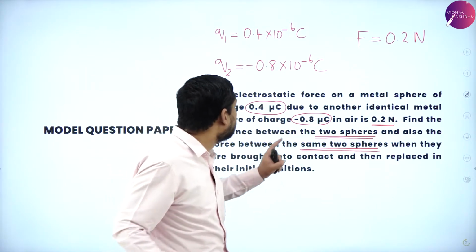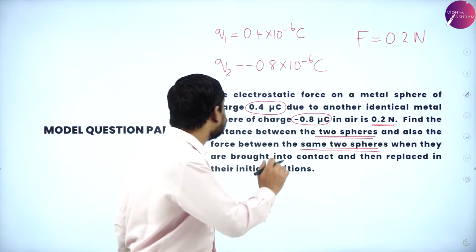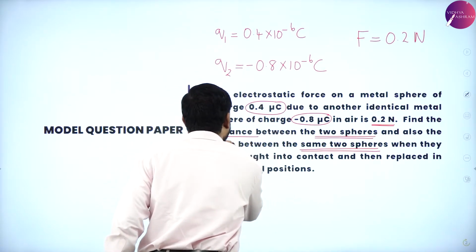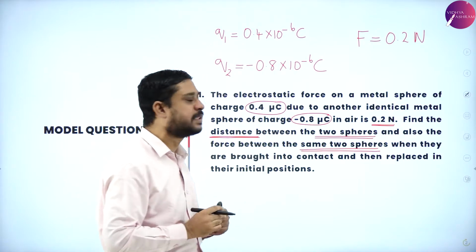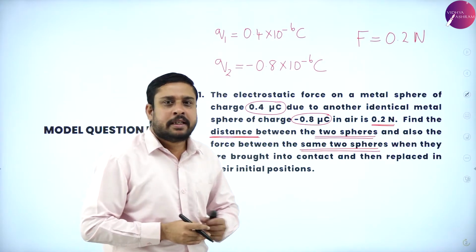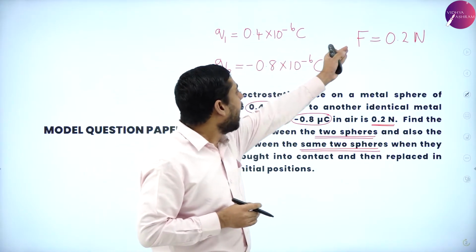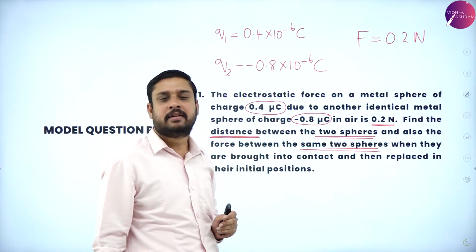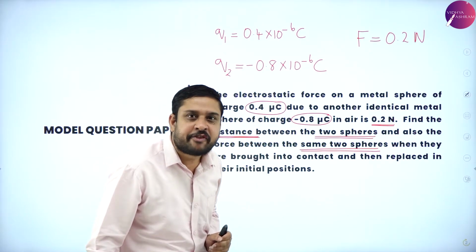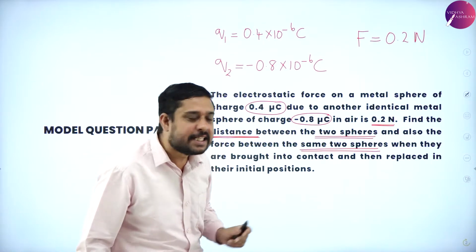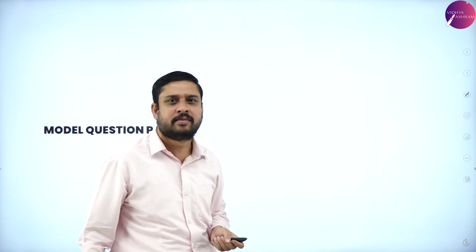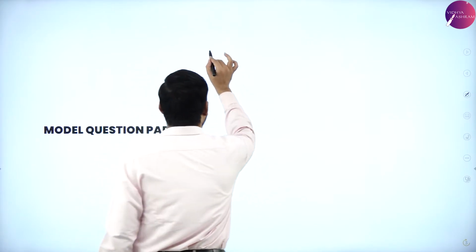First, I will calculate the distance between the two spheres. Dear students, having this data, how will I find the distance between the spheres? Mr. Coulomb is there for our help.